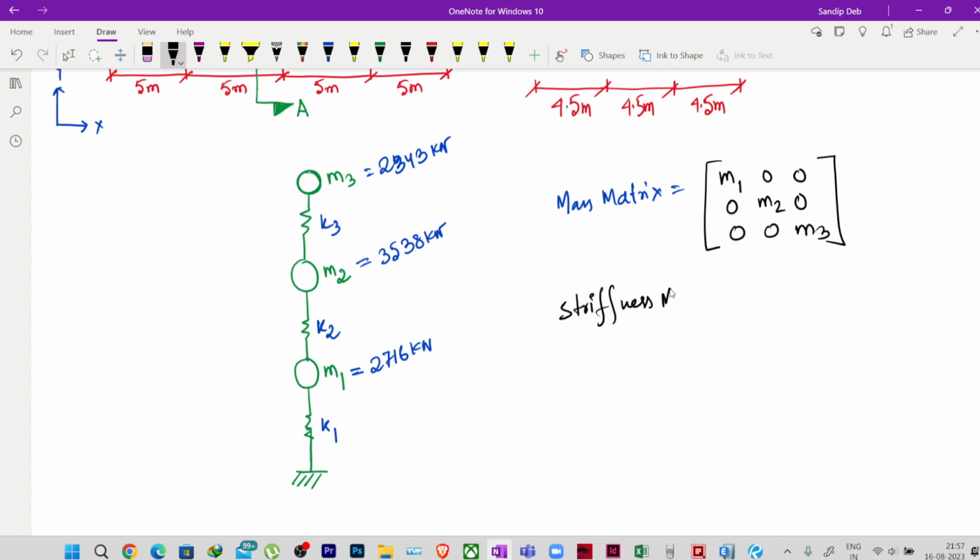If I create the stiffness matrix, it will be something like this: K1 plus K2, minus K2, 0; then minus K2, K2 plus K3, minus K3; and then 0, minus K3, plus K3. So these are the stiffness and mass matrices.